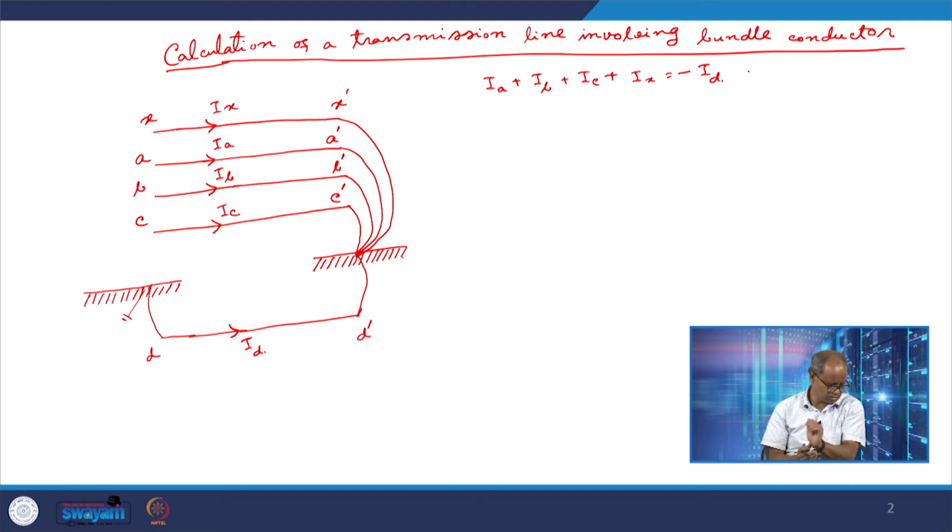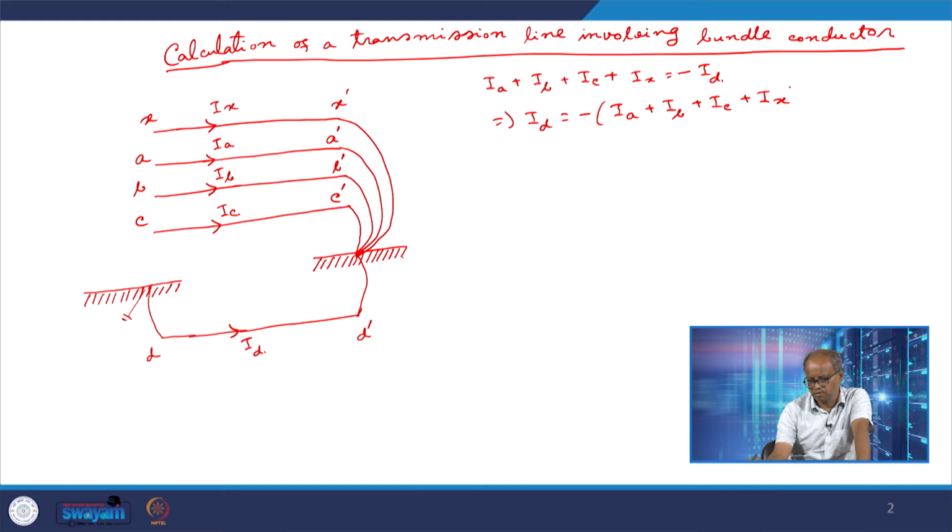This relation we have already seen, or in other words, we can write Id is equal to minus the sum of the other currents.